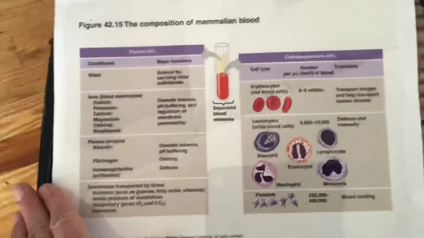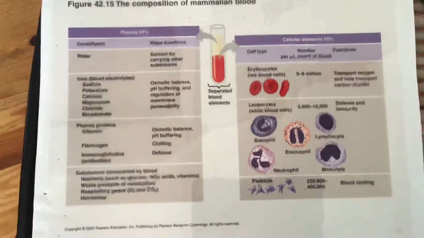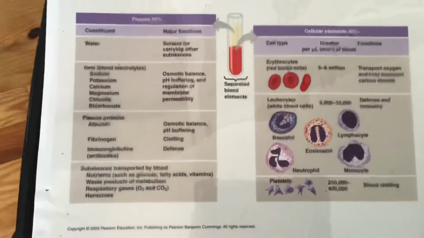Okay. Now, another thing to look at is the blood cells. I believe we talked about this a little bit in Core 1, but just to go over this a little bit.